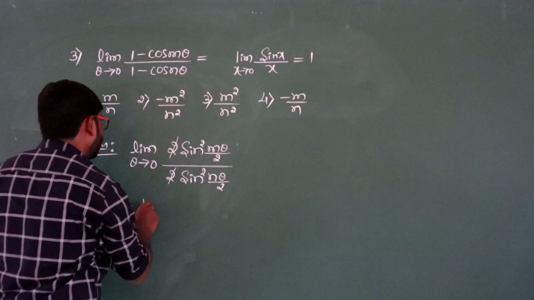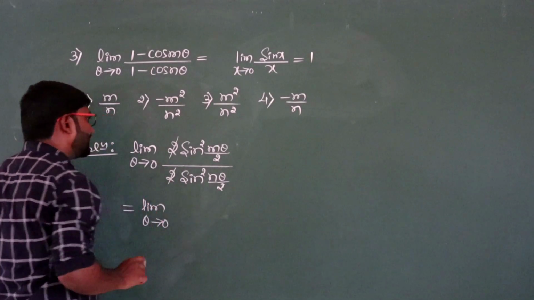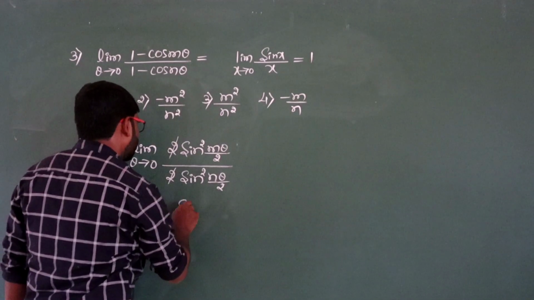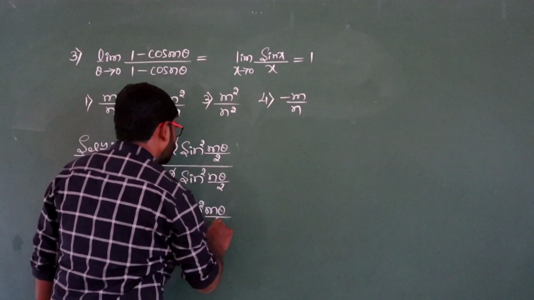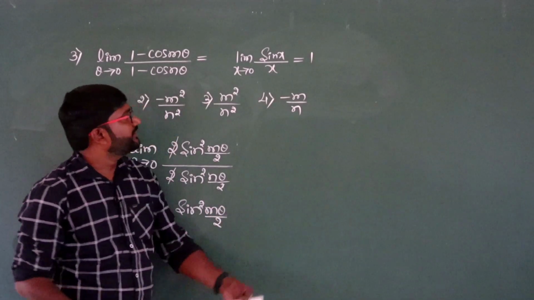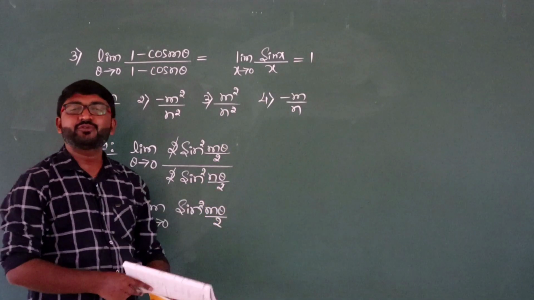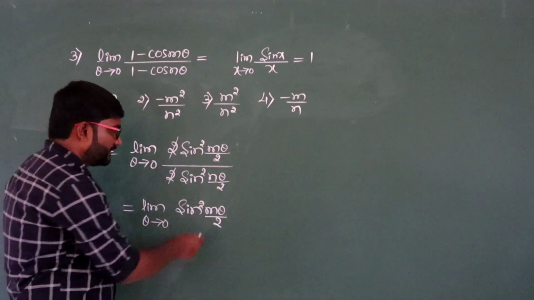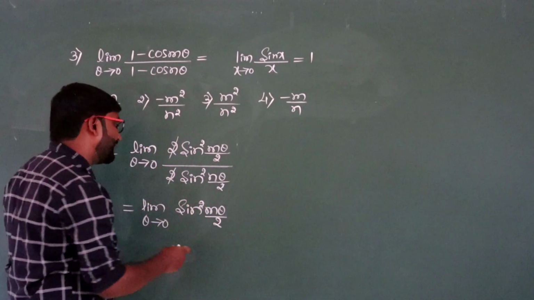This is equal to limit theta tends to 0, sin square m theta by 2. So here we have sin x, but here it is sin square. That means we should have the square of the angle. M theta by 2 is the angle. We need to have the square of this angle in the denominator.